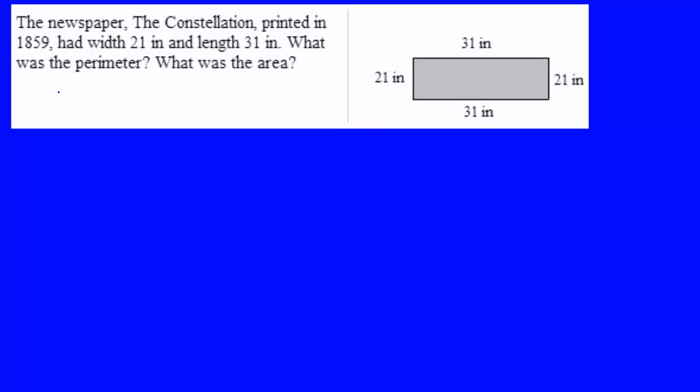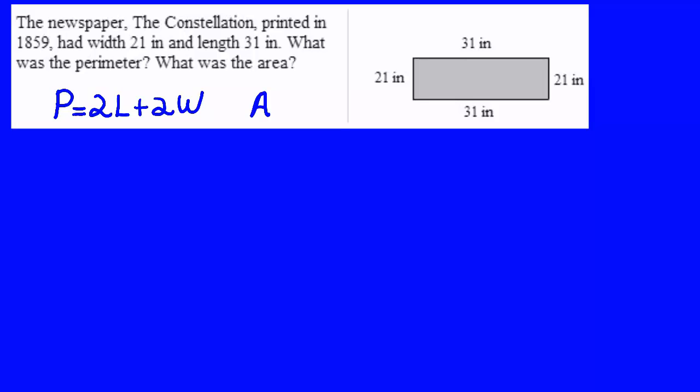We now have another rectangle problem, only this time we're being asked to find the perimeter and the area of the rectangle at the right. We know the formula for perimeter of a rectangle is P equals 2L plus 2W.